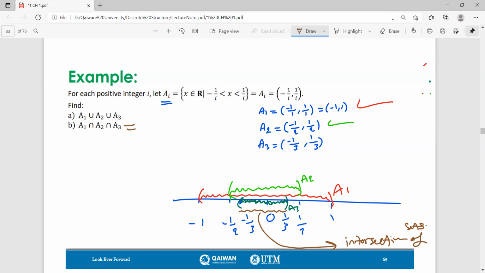Set A2 is from -1/2 to 1/2, and set A3 is from -1/3 to 1/3. Which one belongs to all sets? From -1/3 to 1/3. This belongs to A1, and this belongs to A2 also. That means the intersection of A1, A2, A3 is -1/3 to 1/3, which is A3.